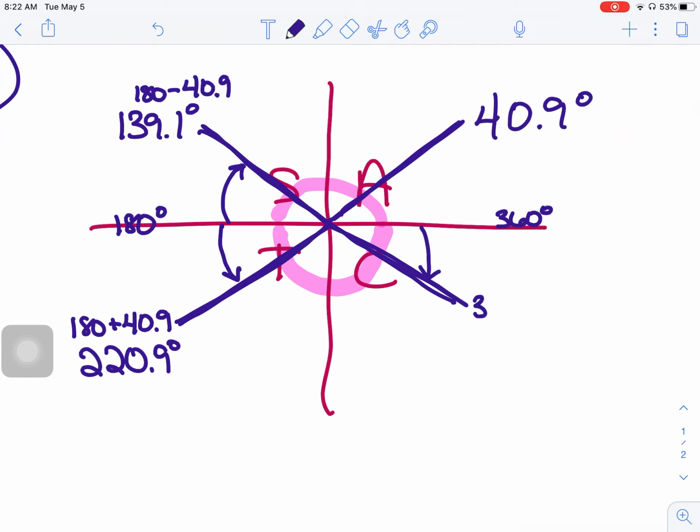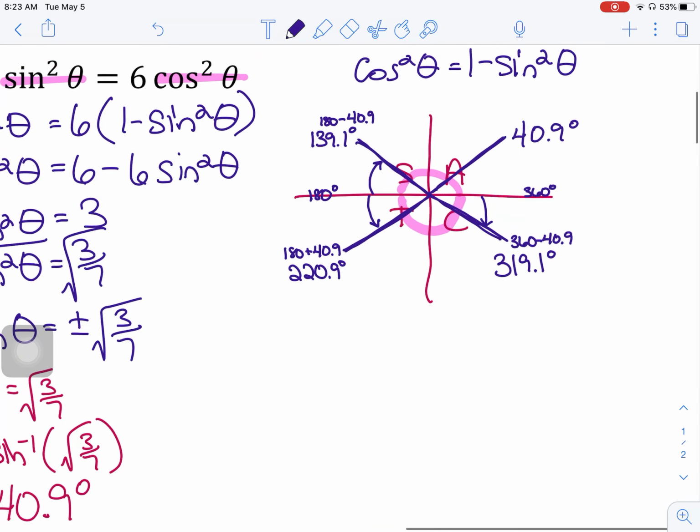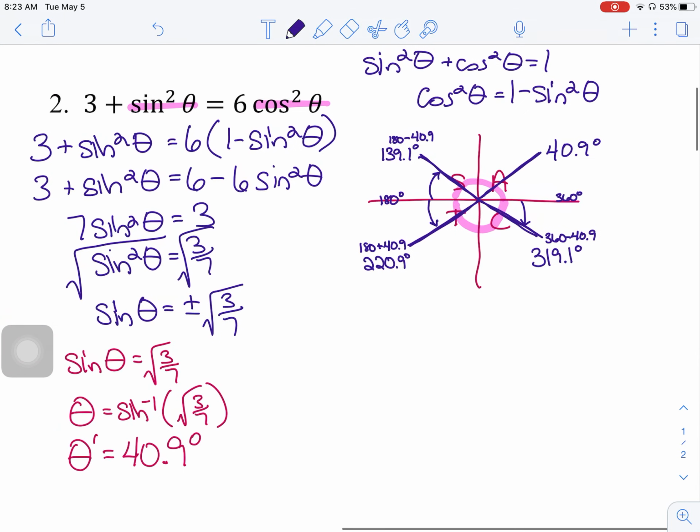Okay, so if I take 360 minus 40.9, I'm going to get 319.1 degrees.